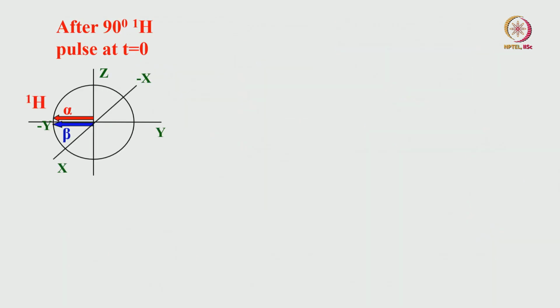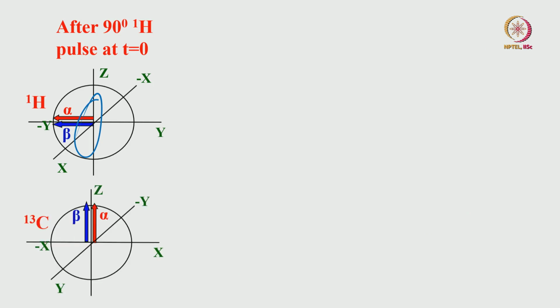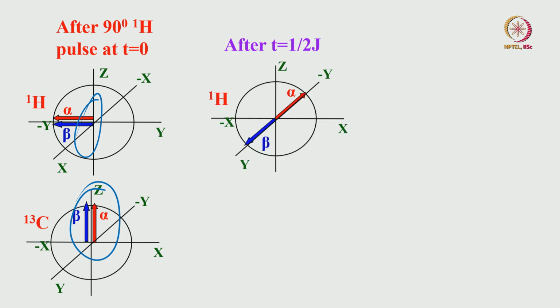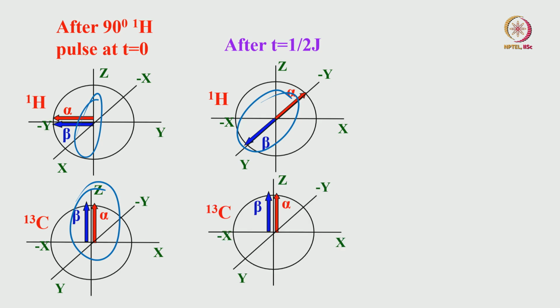See, after 90 pulse, both the proton vectors will be coming like this, and then carbon 13 is not touched at all, it is still on the Z axis. After 1 over 2J, both the vectors move by 90 degree, became antiphase in character. But here what is happening? Carbon 13, still I am not touching, I have not even applied a pulse on that.